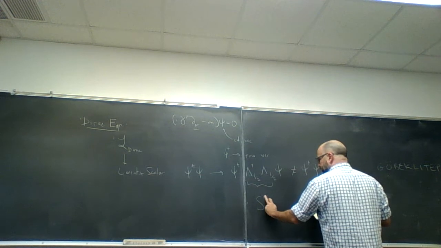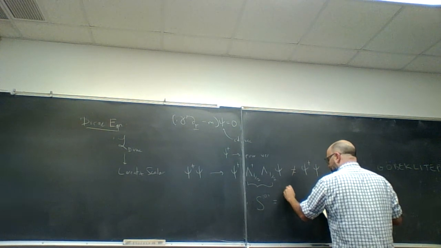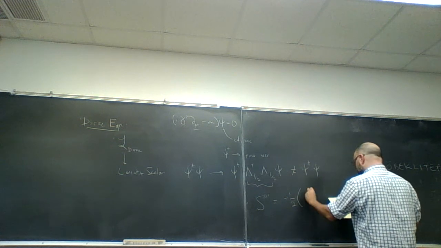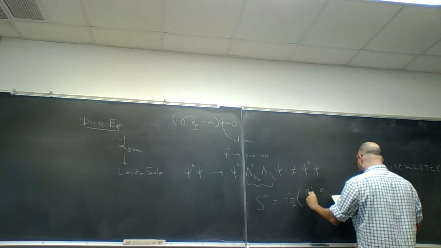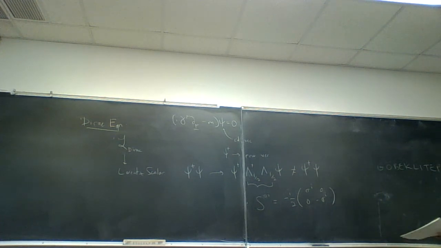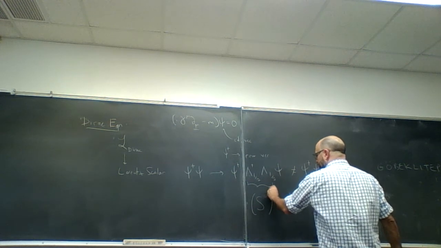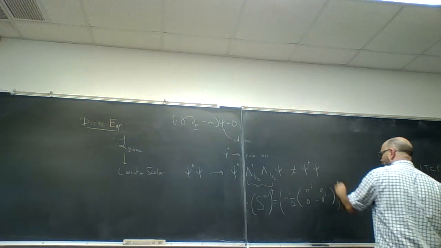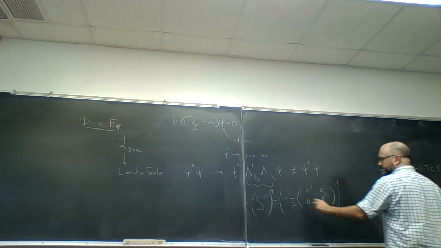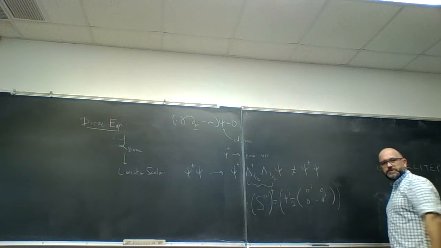So if we wrote out these generators, for example the boost, you can see that this is sigma i, 0, 0, sigma i. Okay, so the boosts are written like this, and you can easily see that if I take the dagger of this, all that's going to happen is I get a plus here, because these are Hermitian.